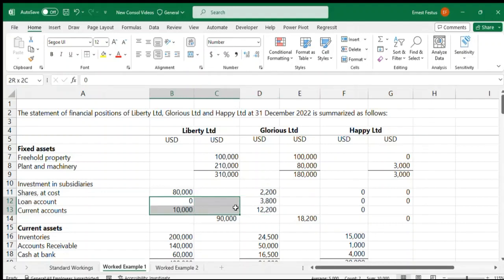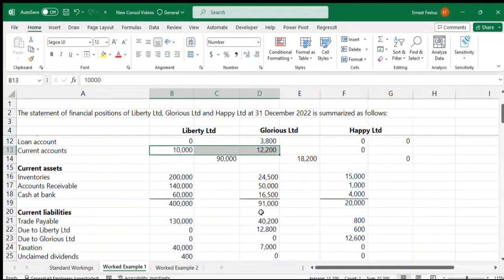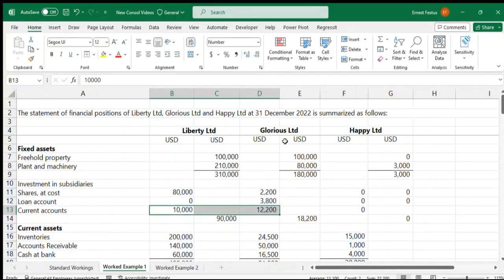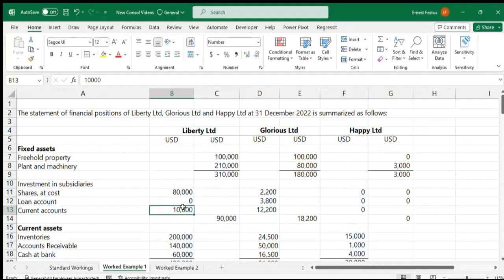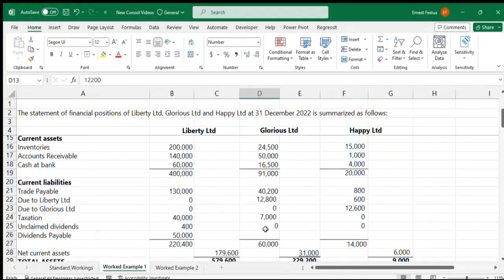If any transaction occurred within the group, we eliminate them. The current account here arises because of the transactions that took place between Liberty and Glorious. So we are not going to trace them, we are just going to ignore them. That is the same as eliminating them from the books, even though these items are still appearing in the single financial statements of each of the entities, as a group these items do not matter any longer. Alright, so we have that.